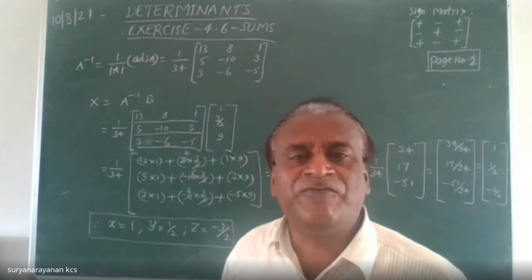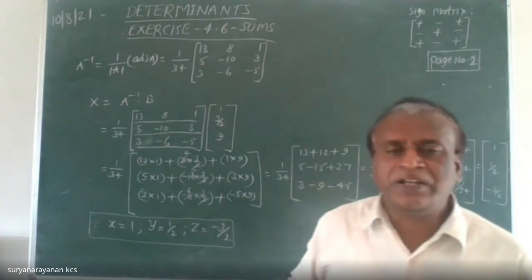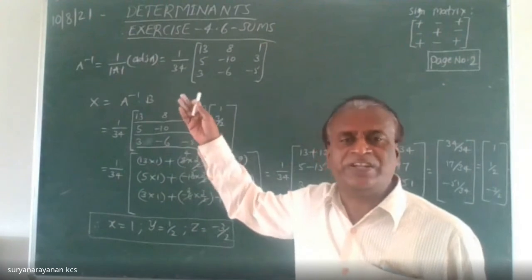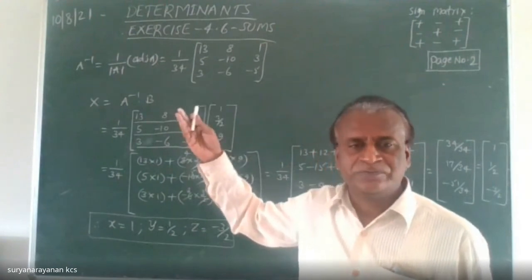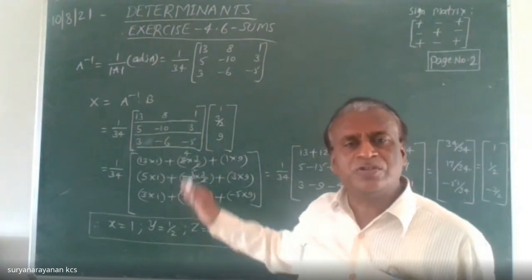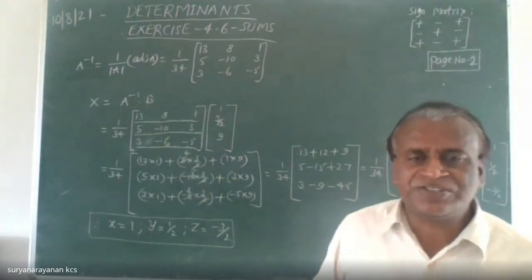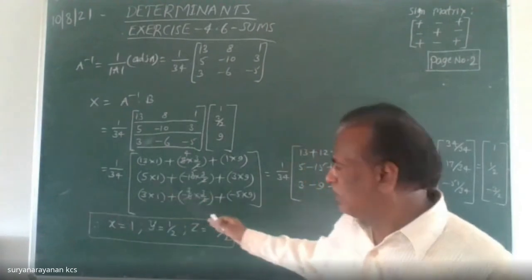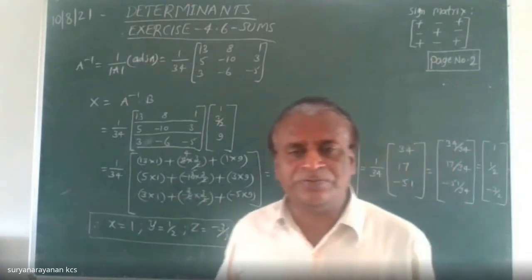Just for our confirmation purpose, check whether these three values satisfy the equations or not. Otherwise, you can leave it. X value is 1, y value is 1 by 2, and z value is minus 3 by 2.